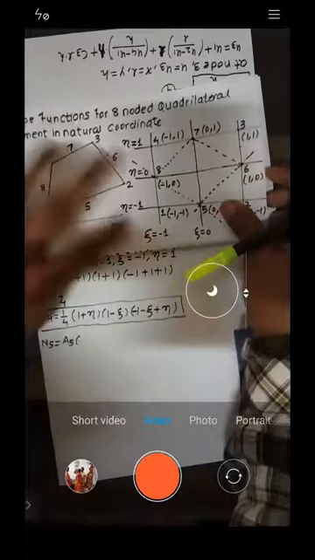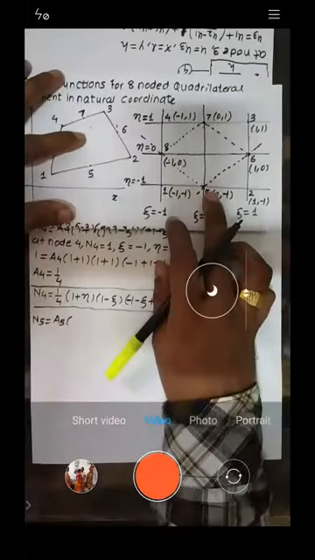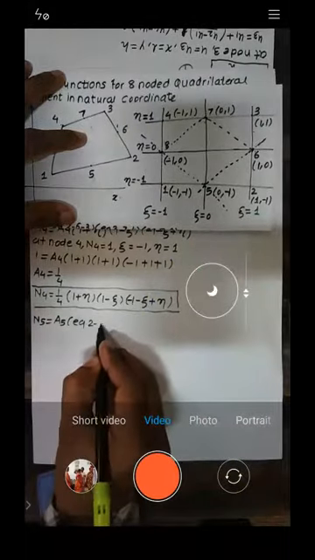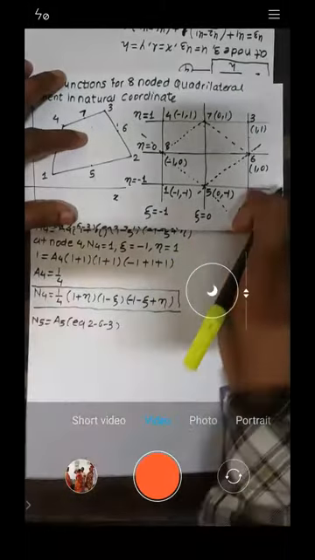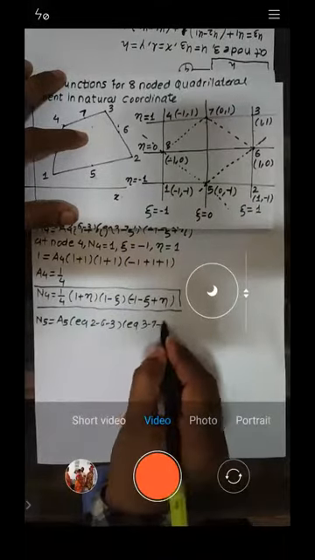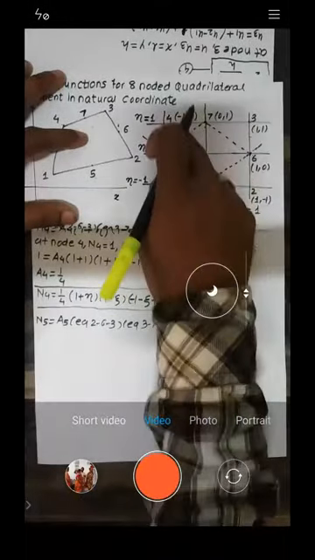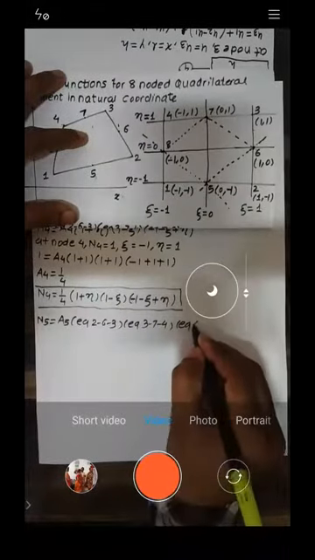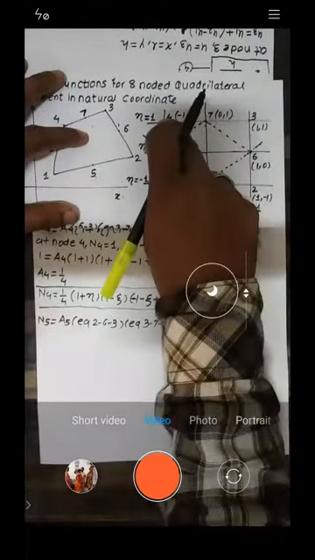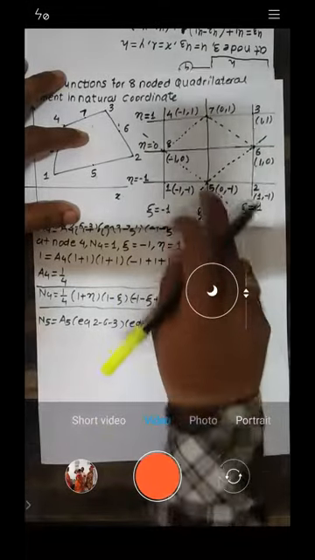Can you tell me the equations which are not passing through node 5? There are 263, equation of 263, then 374, equation of 374, then equation of 481. Yes or no? 263, 374, 481, all these are not passing through node 5, so all the nodes are covered.